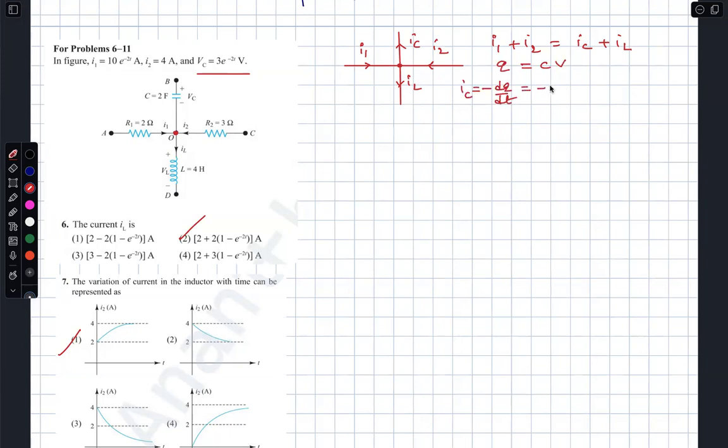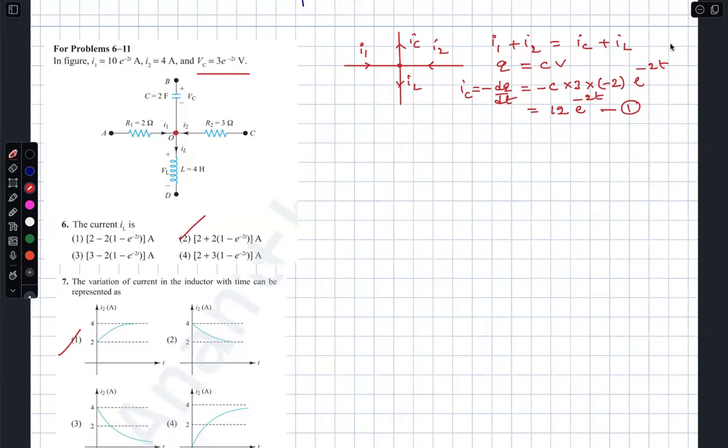This is minus C differentiation of V, 3 into minus 2 into e to the power of minus 2t. 6, 12. 12 times e to the power of minus 2t. That is the current IC, equation 1. See, that is the first realizing step. If you fail, you cannot solve anything. Right. Any doubts, boys and girls?